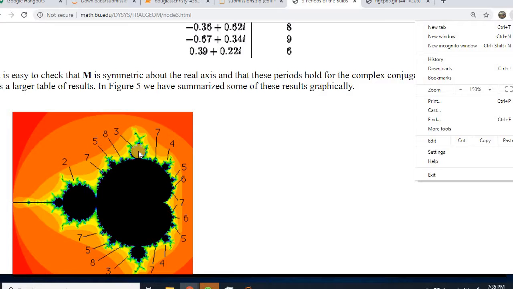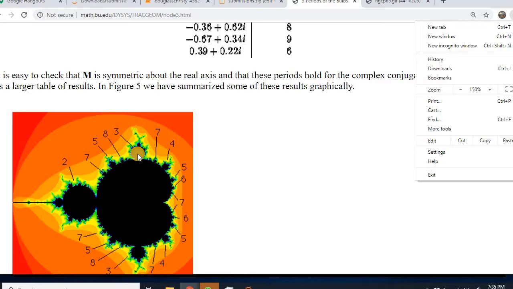So the question was, let's see. Yeah, it says locate a bulb of period 3. So this is the top of the second page. So there's my bulb of period 3 right there.